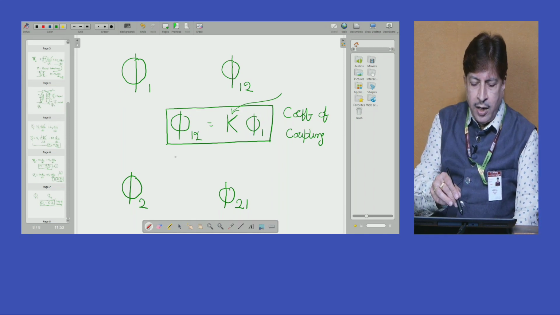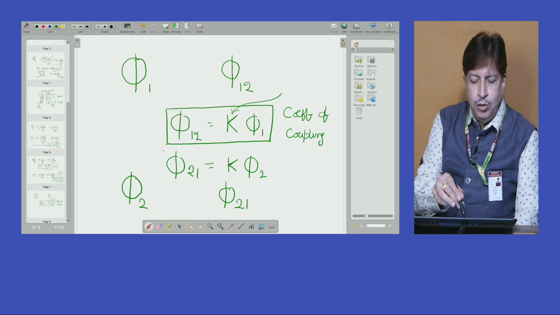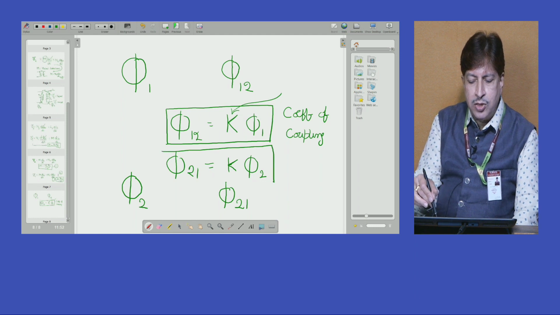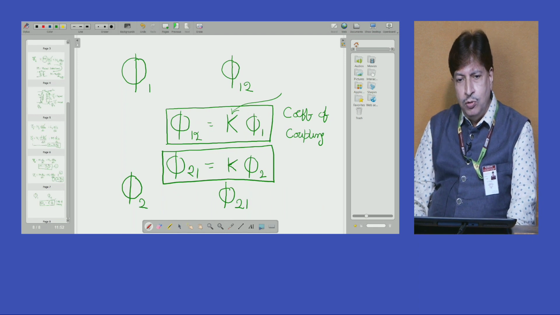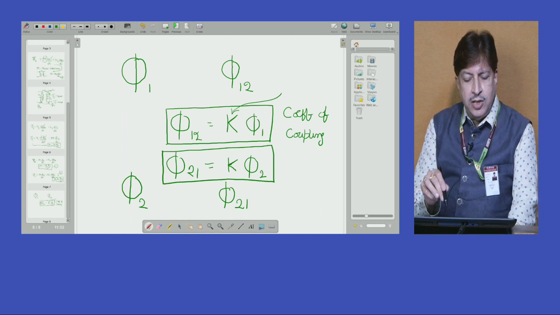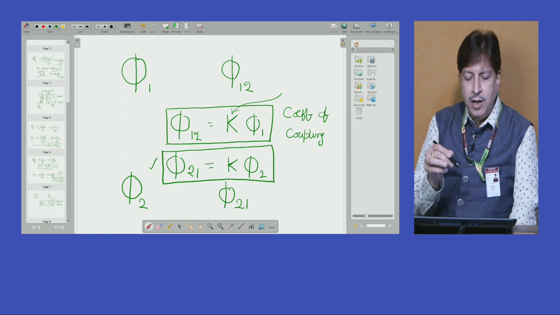Accordingly, I can also write phi 21 is K times phi 2. Phi 2 is the main flux developed around coil number 2. A part of this is linking coil number 1.